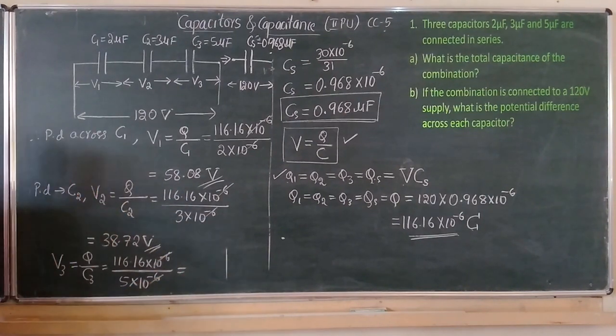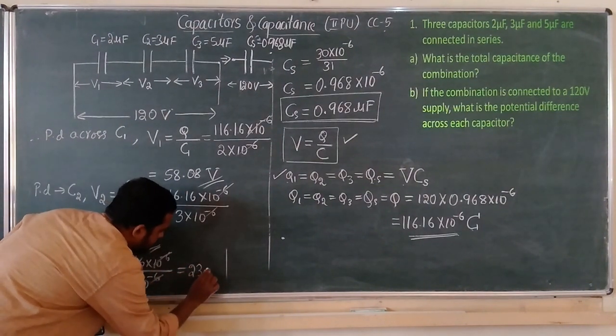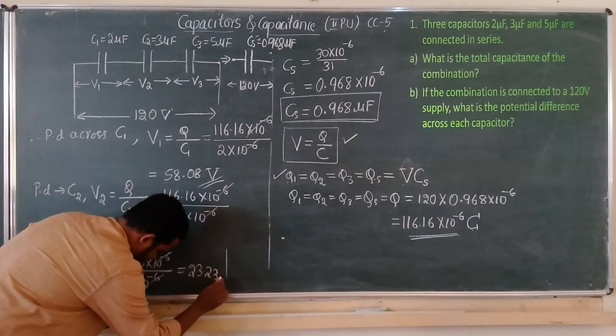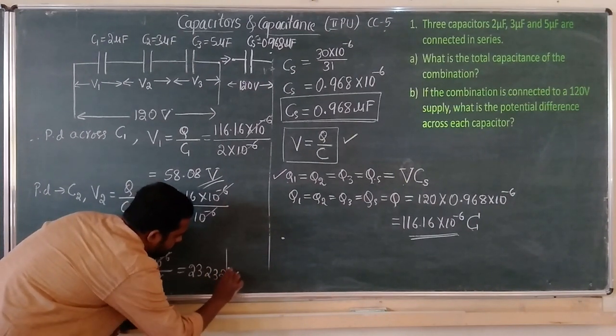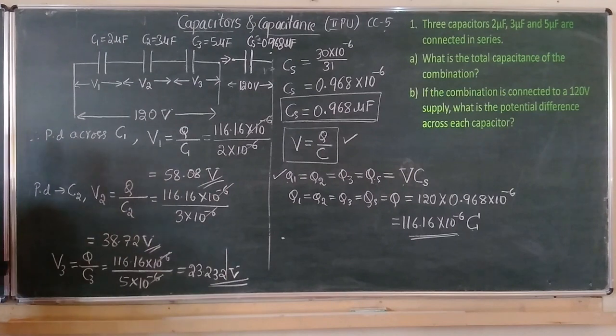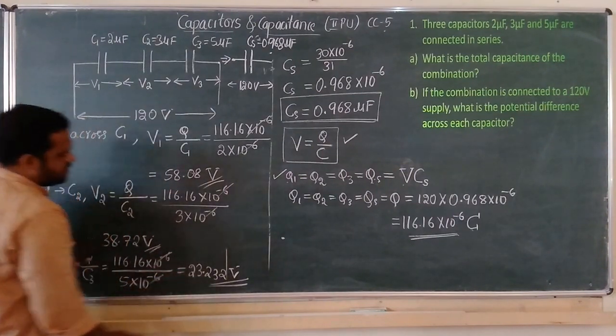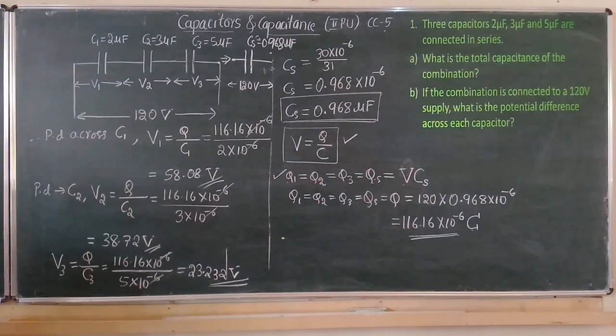The 10 power minus 6 cancels. 116.16 divided by 5 is 23.232 volt. So this is the potential difference across each capacitor.